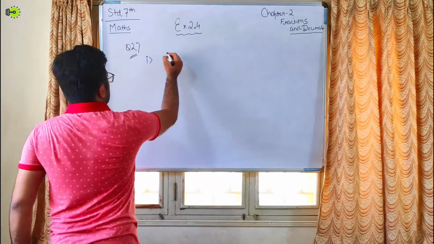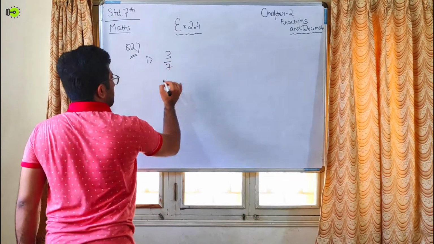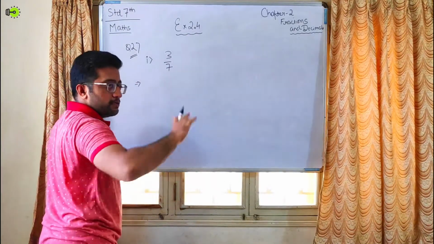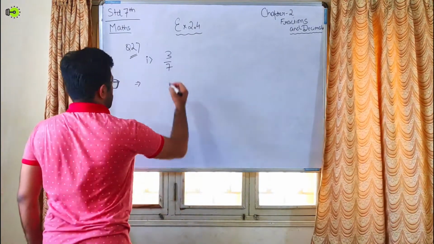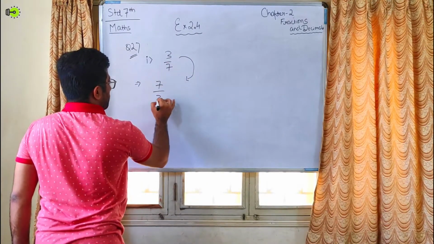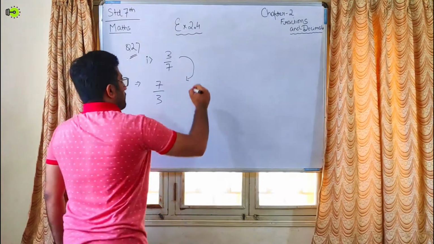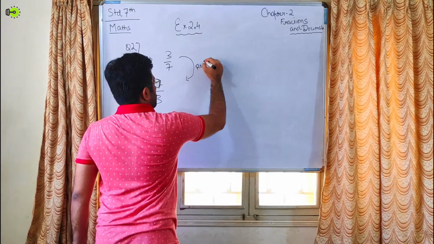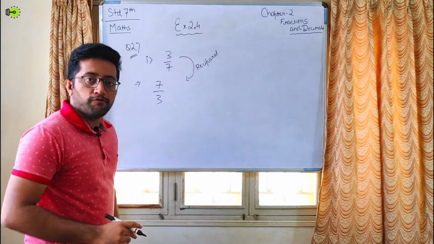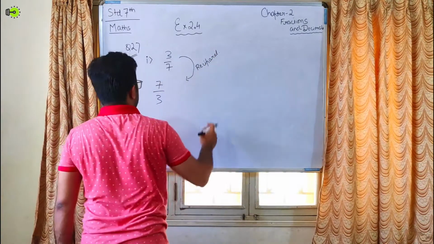So the first one here is 3 divided by 7. Now we need to convert this into reciprocal form, that is we need to turn this number upside down. So 3 by 7 will be 7 by 3. Okay, I am just writing this for the sake of your understanding. You need to write this down in your exams or in your fair notebook. Okay, so this is reciprocals.